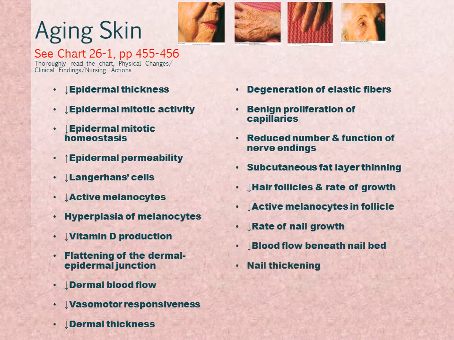They will experience nail thickening, a decrease in sebum production, and a decrease in eccrine and apocrine gland activity. As you can see, there are a lot of physical changes to the aging skin. Review chart 26-1 on pages 455 to 456 in your textbook for detailed information related to the changes in the integumentary system related to the aging process.